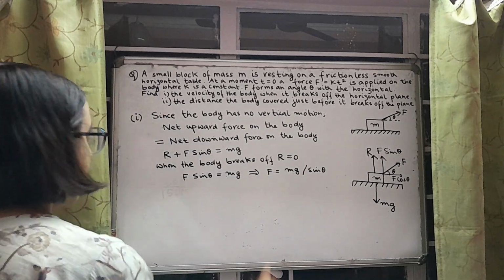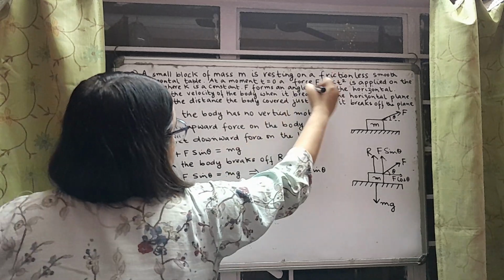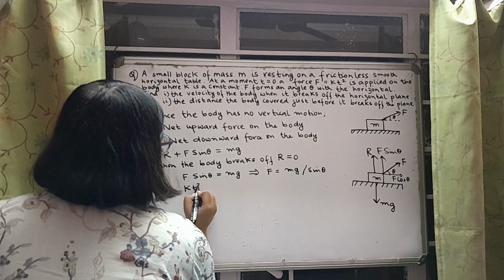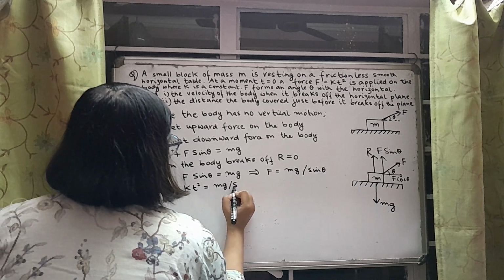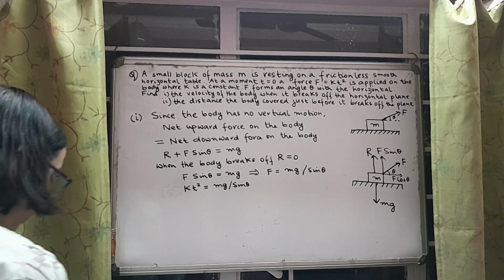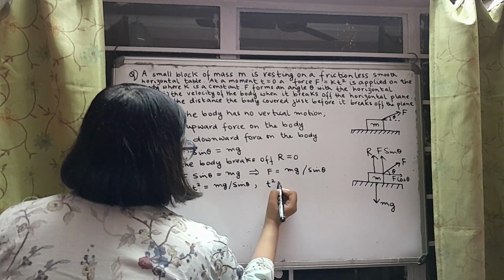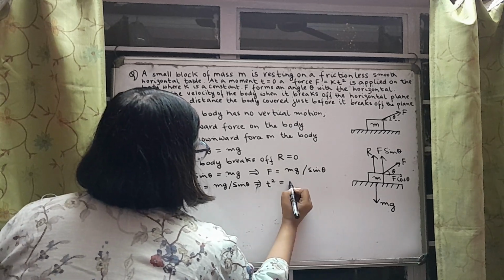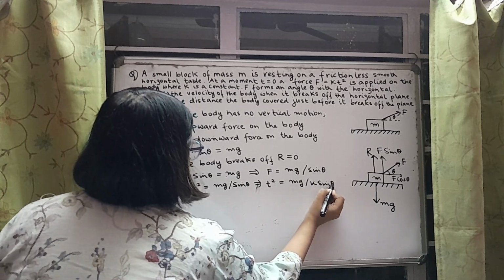So F is supposed to be kt squared. From this condition, F equal to kt squared, if I put this, kt squared becomes mg by sin theta, and this implies t squared is equal to mg by k sin theta.